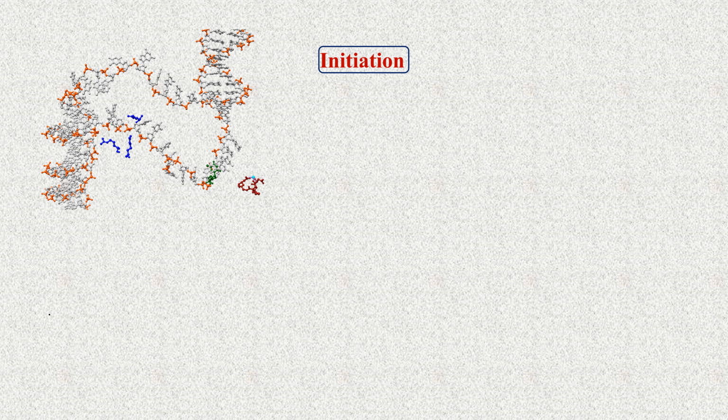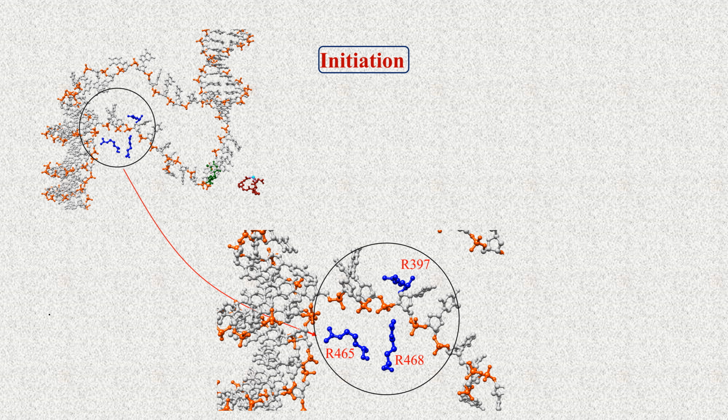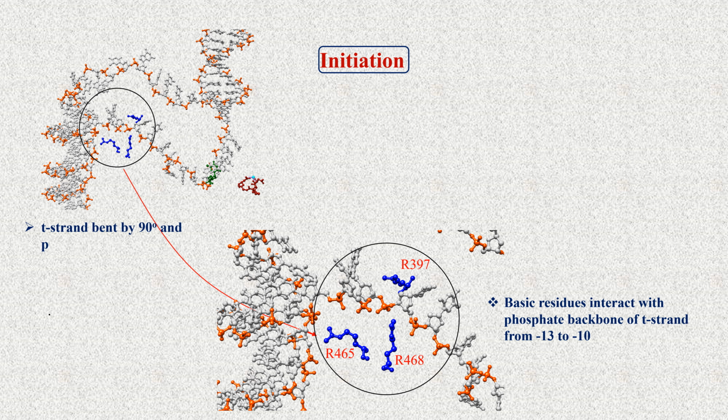Next, a cluster of basic residues interacts with the phosphate backbone of the template strand from -13 to -10, bends it by 90 degrees and pulls it into the main channel.